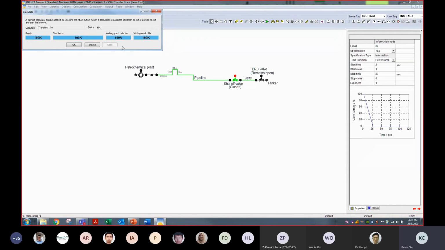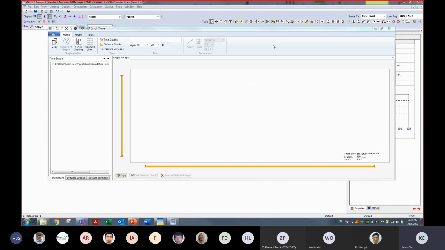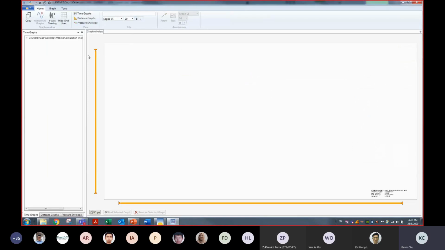Okay, so the simulation has been completed. Let's check the result and see whether our mitigation can prevent the two issues that we had earlier. Let's look at the outlet pressure first, instead of the inlet pressure.